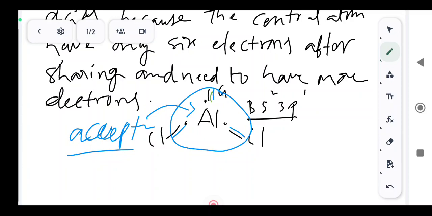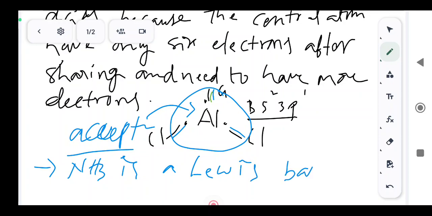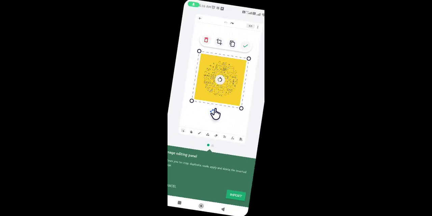Next one, NH3. NH3 is a Lewis base because it has a pair of electrons. Nitrogen has a pair of electrons.